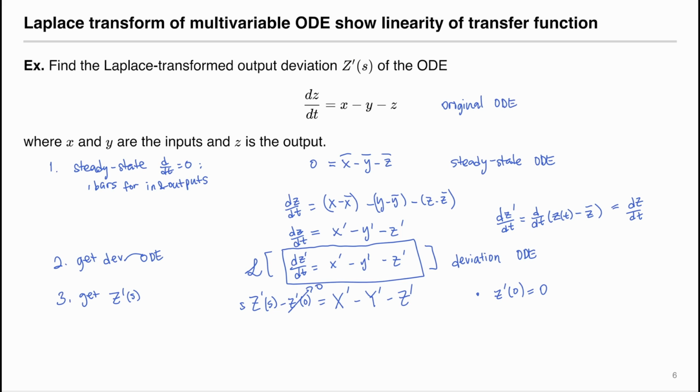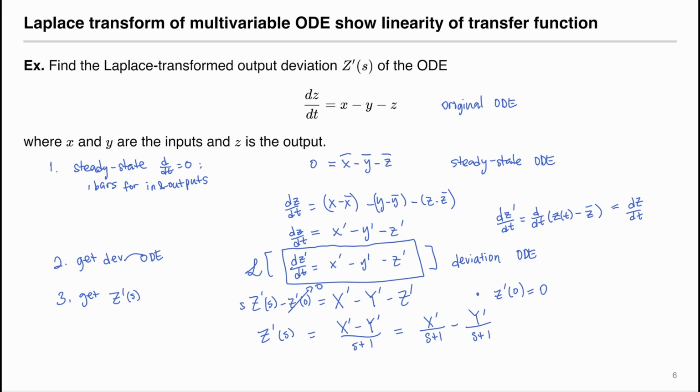Reorganizing, we have big Z of s equals x prime minus y prime divided by s plus 1. This can be further written as x prime divided by s plus 1 minus y prime divided by s plus 1. And this is our final result.